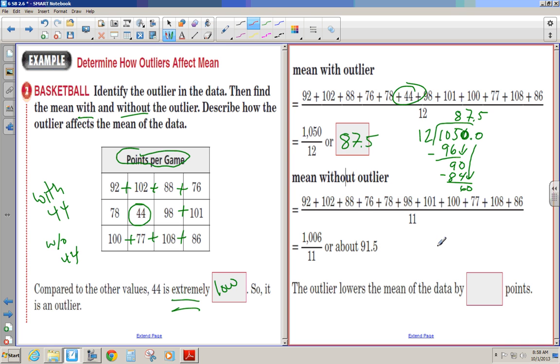All right, now let's set this up. Let's do the division. 11 goes into 100 9 times. Subtract, that's 1. Drop down the 6, that's 16.